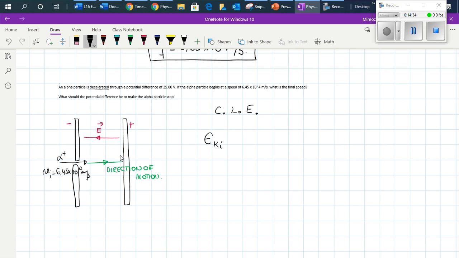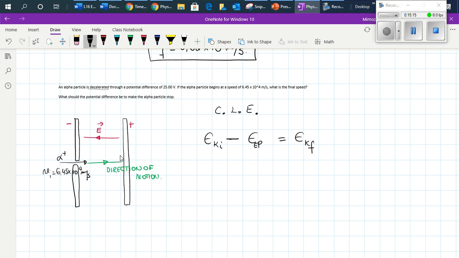Since the alpha particle is opposed by the plate, it is slowing down, and the amount it slows down is the electric potential energy between the two plates. The fact that it's slowing down is represented by being taken away from kinetic energy. This will give us the final kinetic energy of the alpha particle.